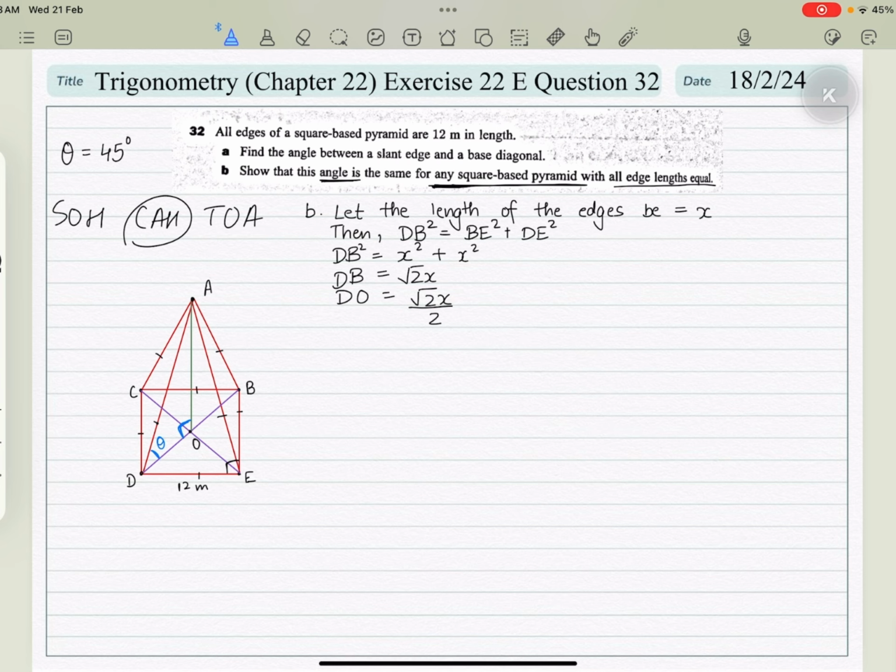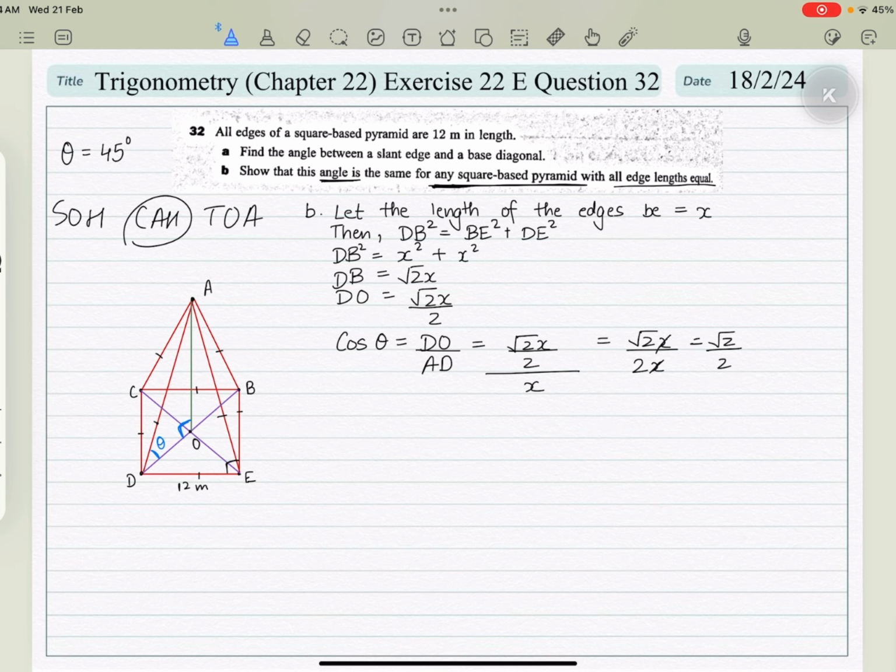Now DO is equal to root 2x upon 2. So what is angle theta again? So cos theta is equal to adjacent upon hypotenuse. So adjacent is DO upon the hypotenuse, that is AD. Now AD is also equal to x. So root 2x upon 2 whole upon x, that would be root 2x upon 2x, that would be root 2 upon 2.